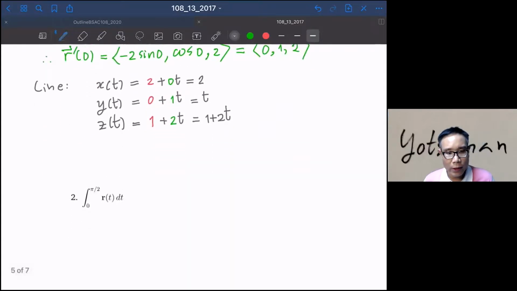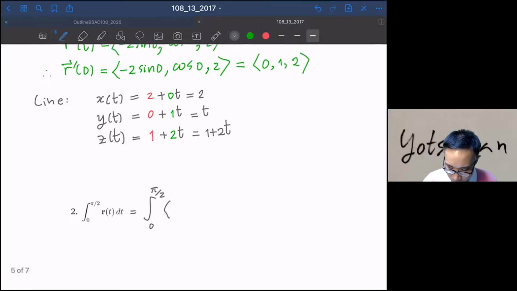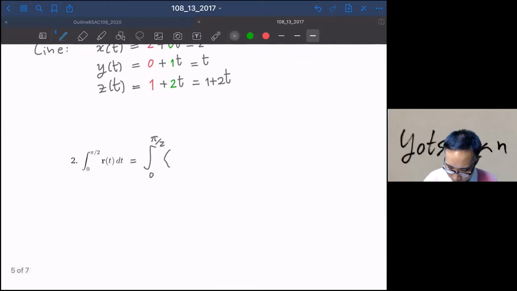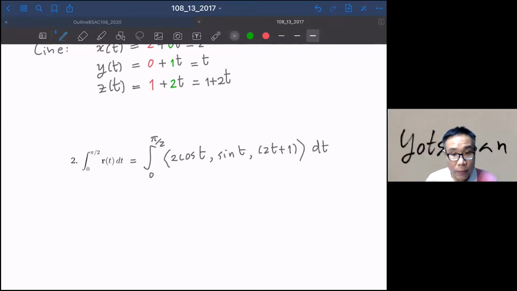Last one, we'd like to integrate from 0 to pi over 2 of r(t). So for this one, you have the integral from 0 to pi over 2, where the first function is 2 cos t, sin t, and the final one is 2t plus 1 dt.